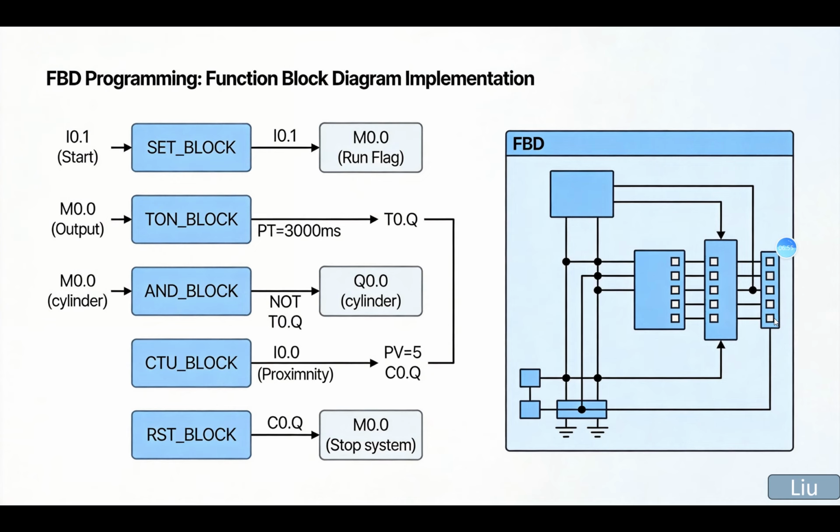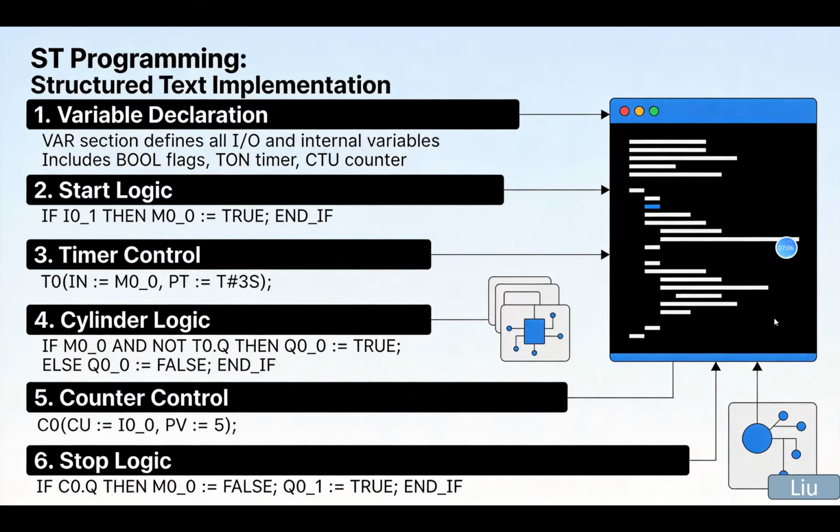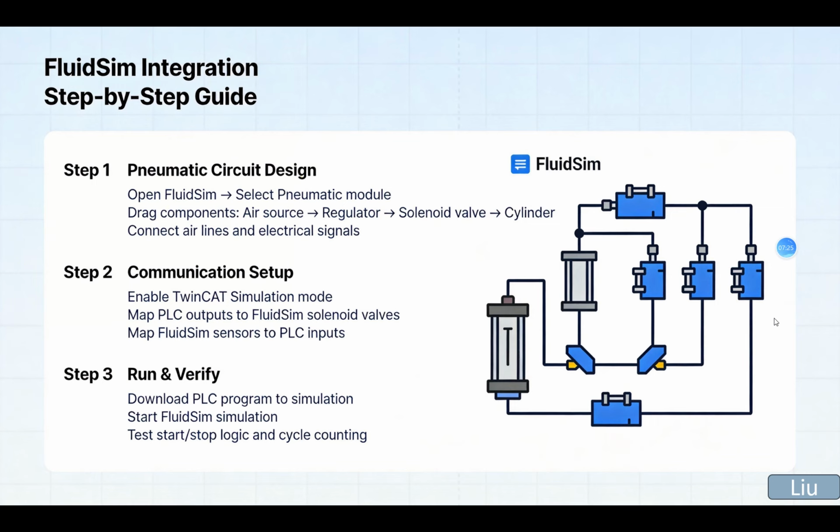And the second language, you can see FBD programming: start, output, cylinder, and the stop system. It's very easy. And the ST programming is similar to C language: variable declaration, start logic, timer control, cylinder logic, counter control, and the stop logic.